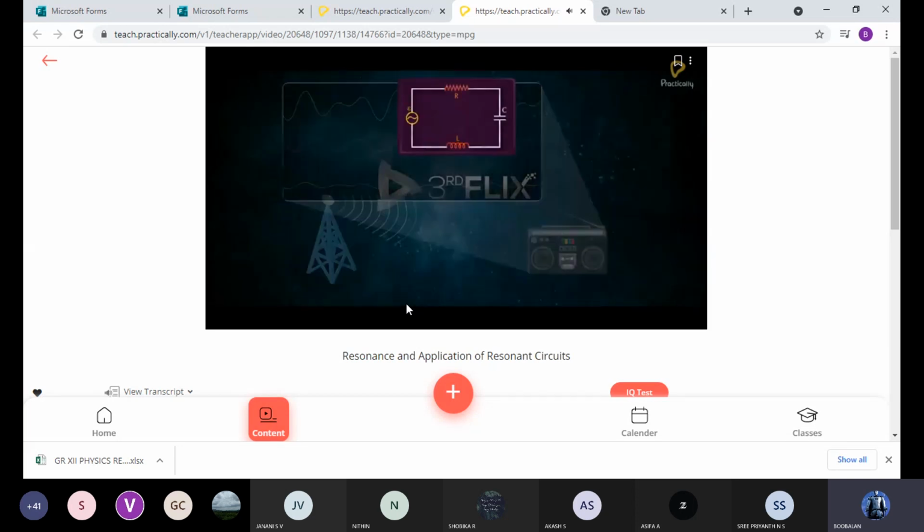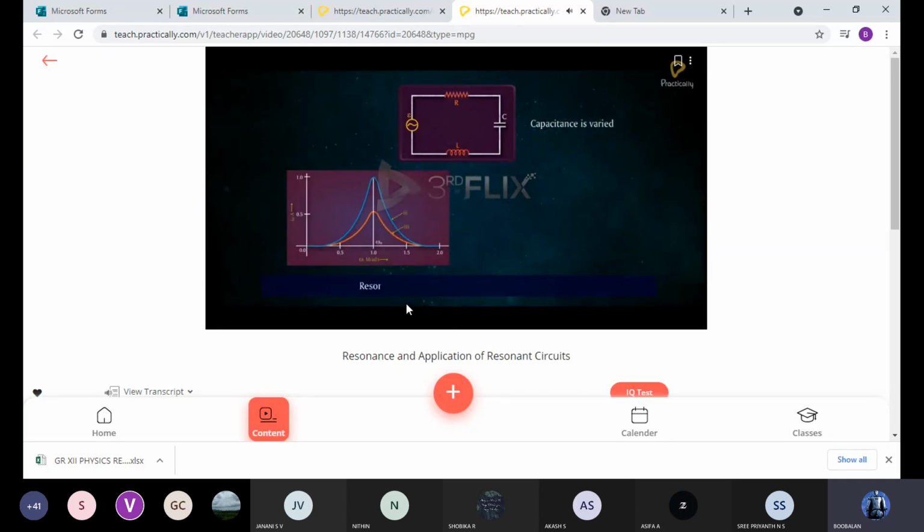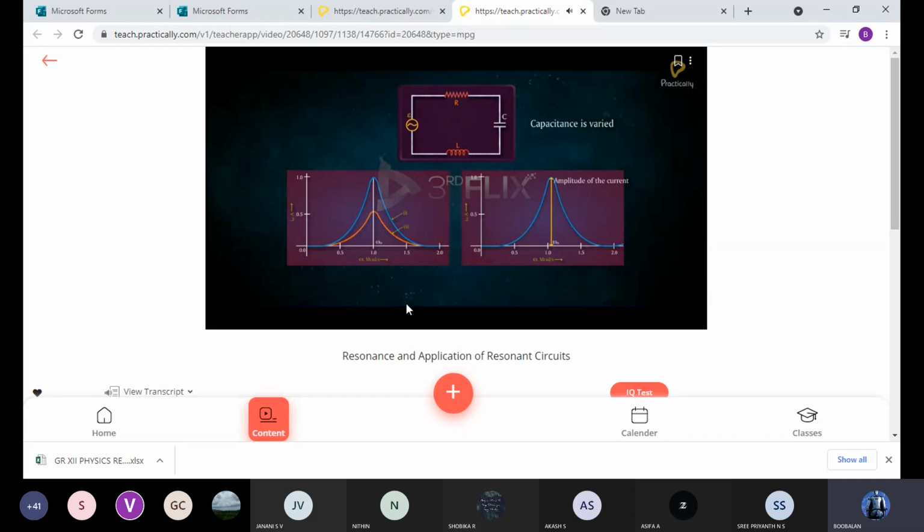When we tune the radio, the capacitance of a capacitor is varied such that the resonant frequency is equal to the frequency of the radio signal. This increases the amplitude of the current, and attains the maximum.